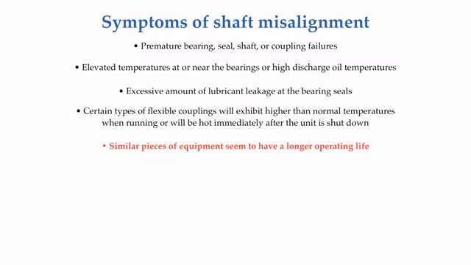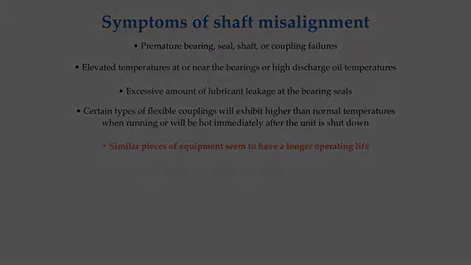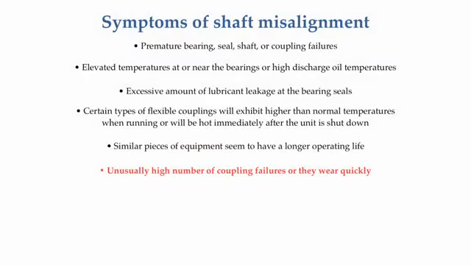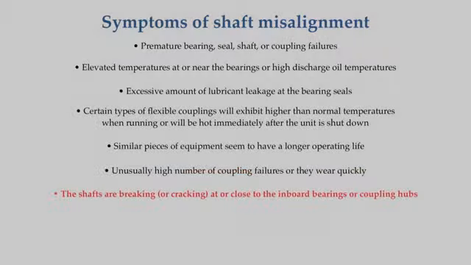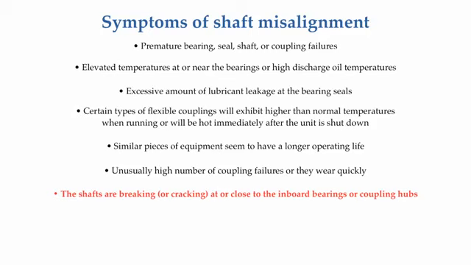Continuing on with the list of symptoms, similar or spare drive systems seem to be able to operate for longer periods of time before maintenance is required. There seems to be more frequent coupling failures. In moderate to severe misalignment conditions, the shafts are cracking or breaking from high cycle fatigue.